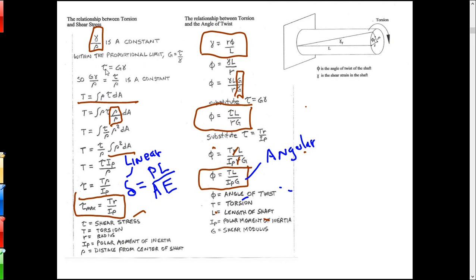So tau, the shear stress, is G times gamma. So if we take this relationship here, gamma over rho, and just multiply it by G, we'd get tau over rho, where tau is the shear stress. So not only is the shear strain over rho a constant, the shear stress over rho is a constant also.